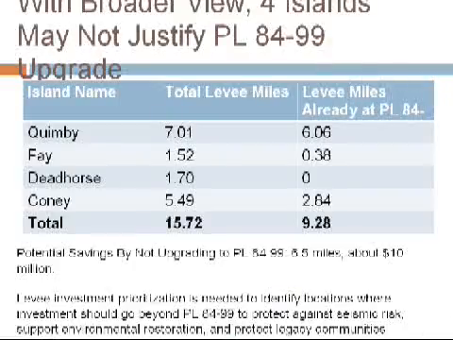So these are the 4 islands, the total levee miles and the levee miles that are not PL 84-99 according to the recent DWR data set. They total 15.7 miles on the 4 islands. We have 9.28 of them that are already at PL 84-99, and so the cost of taking these up to PL 84-99 would be 6.5 miles of levee.